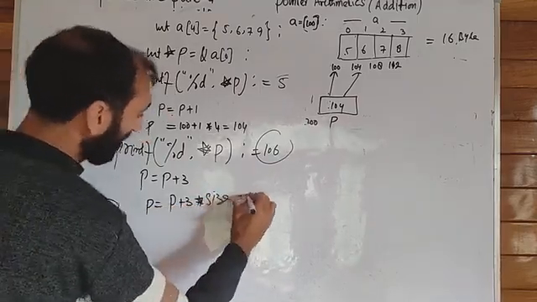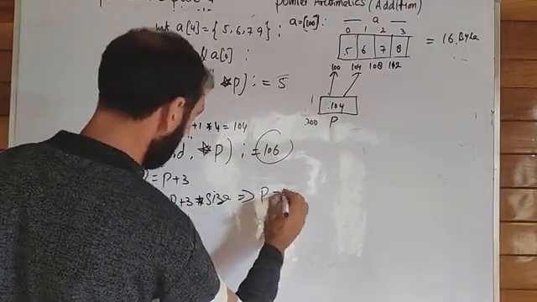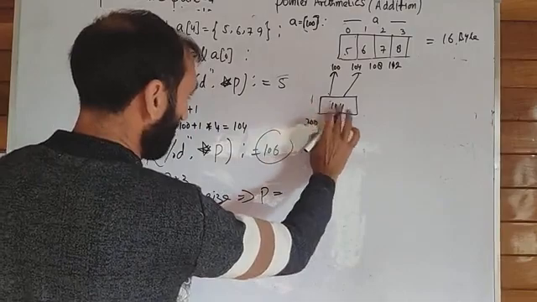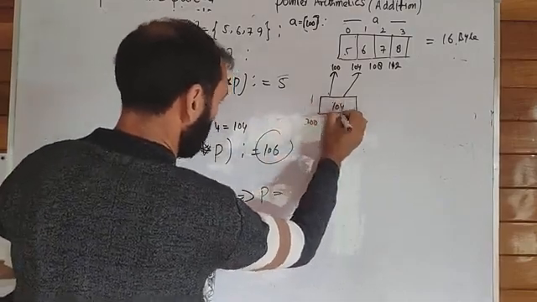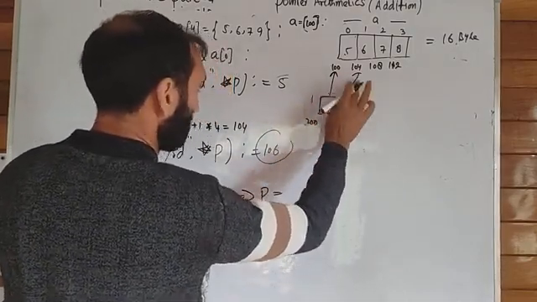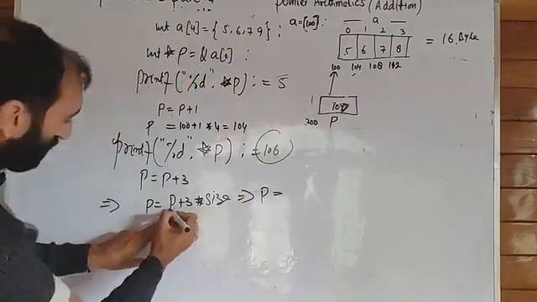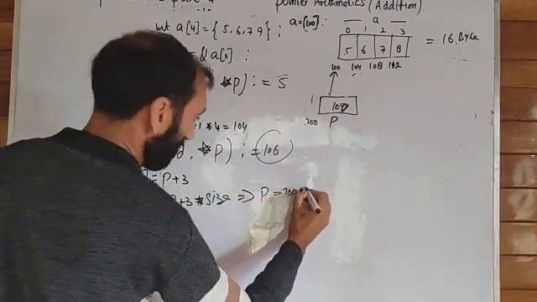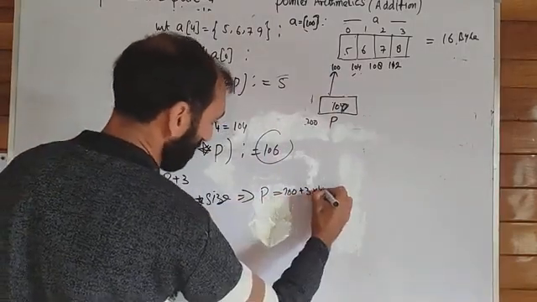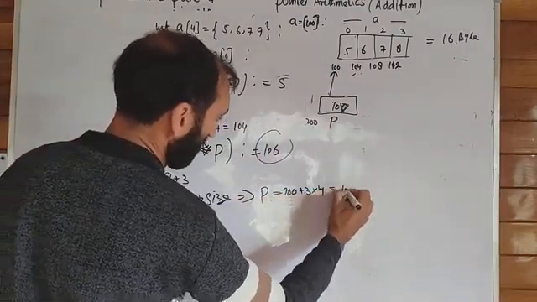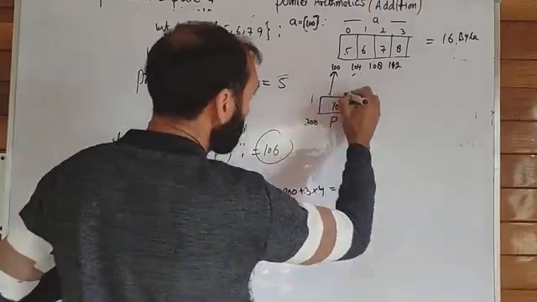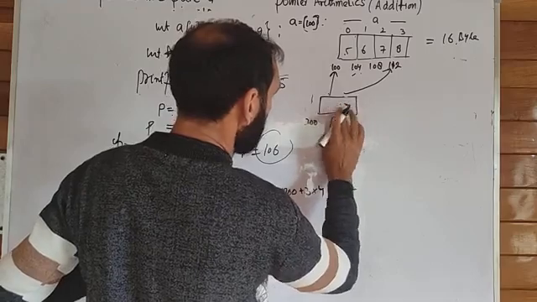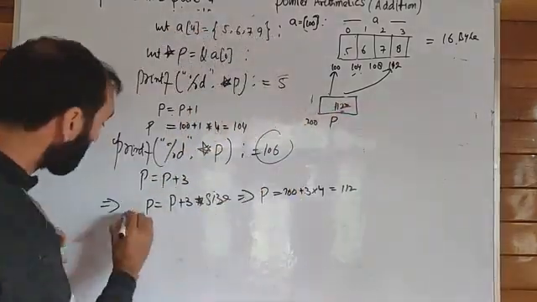By the formula, P starts at 100, so 100 plus 3 into the size, which is 4, that is 12. That means 112. So P will point to 112, the new value of P is 112.